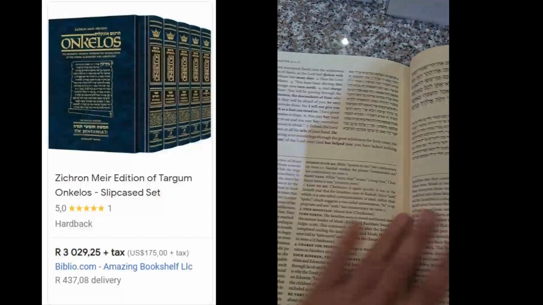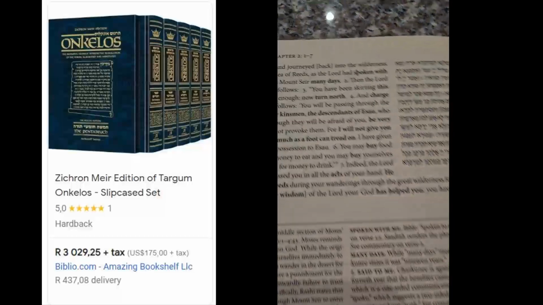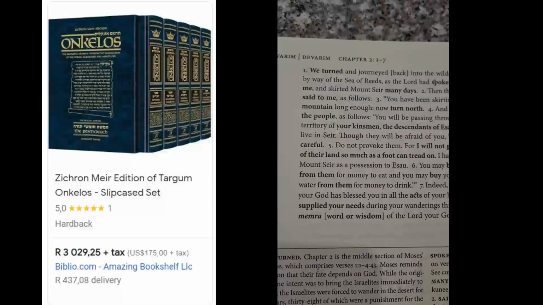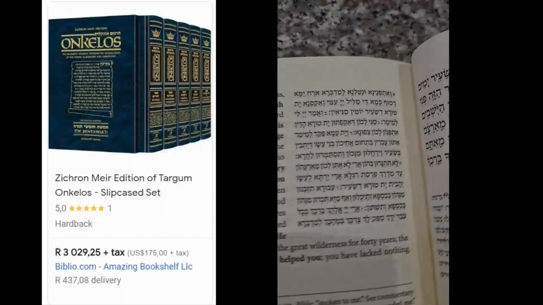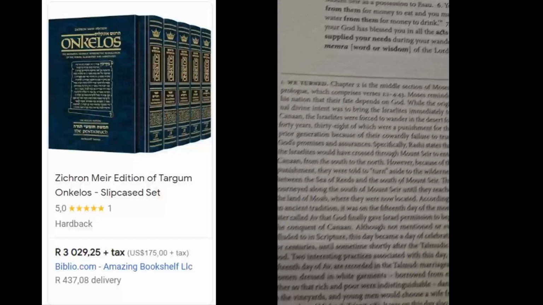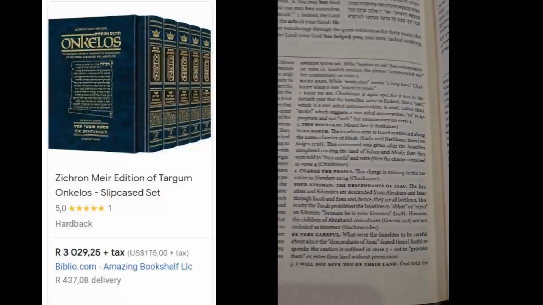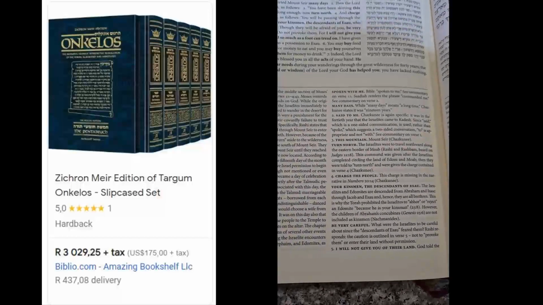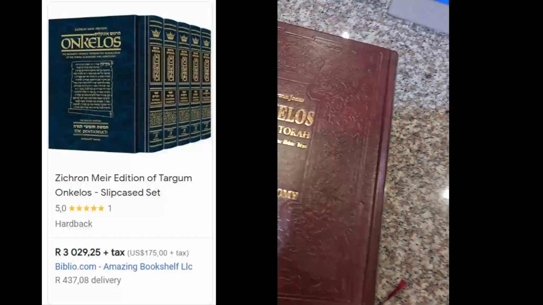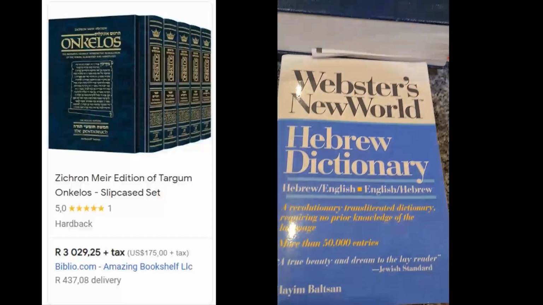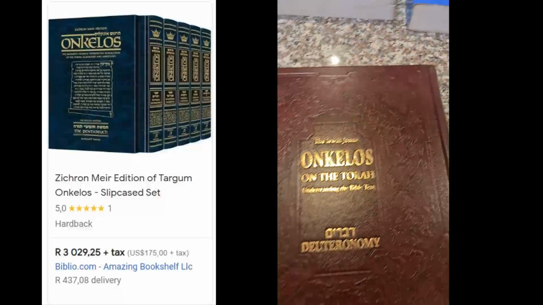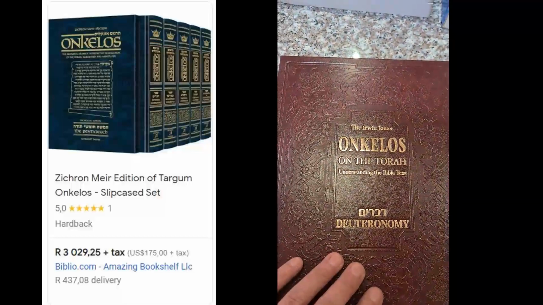I've saved a lot of money to buy the Oncolossus range, but it will give you the chapter in English as well as in Hebrew, and then it will go into detail about where exactly the word came from and what it means. I use the Oncolossus the least. I only come to the Oncolossus if step 1 and step 2 is not enough. Then I'll go to the Oncolossus.